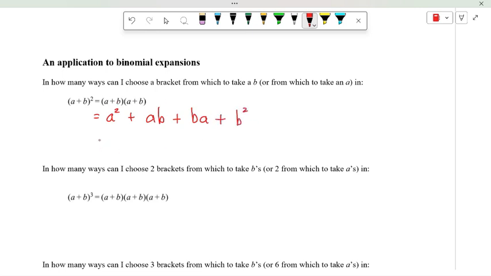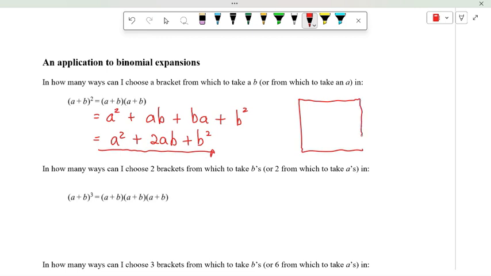Okay. Now, this, as we know, comes to a squared plus 2ab plus b squared, and it's a significant kind of mathematical truth that when you square a plus b, you get a squared plus 2ab plus b squared. Now, that has a sort of geometric representation.